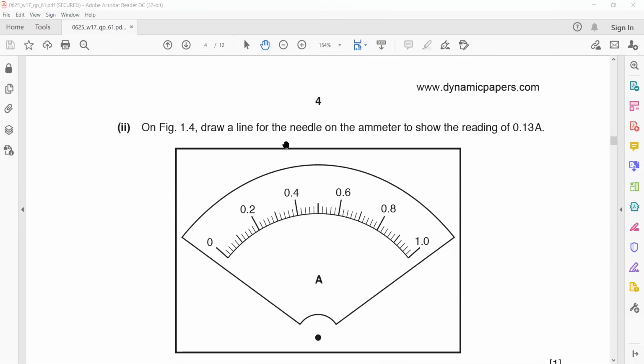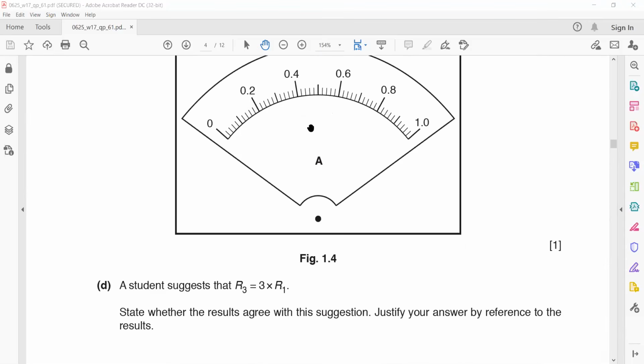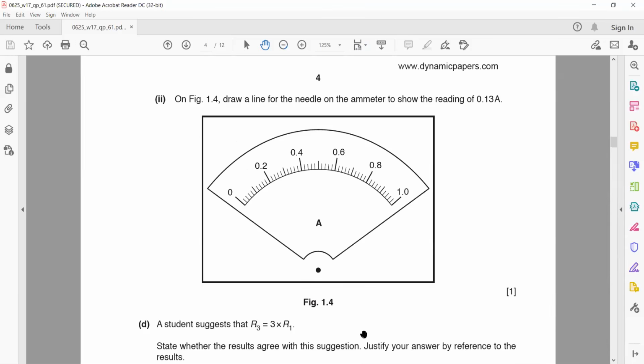On the figure, draw a line for the needle on the ammeter to show the reading 0.13. How will you show 0.13? You can use a screen annotation to show the pointer. You have to show 0.13.